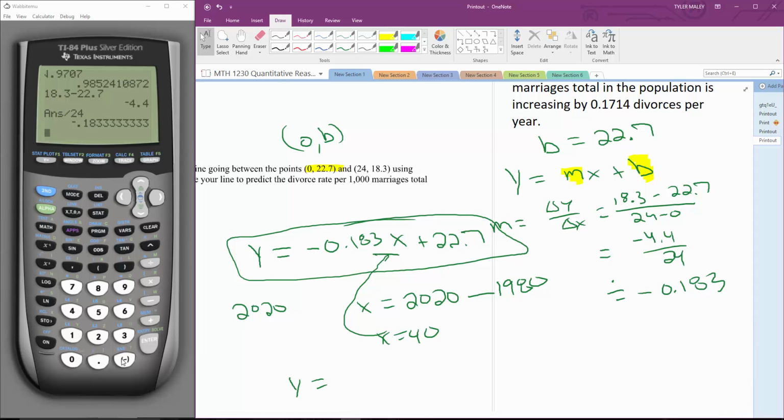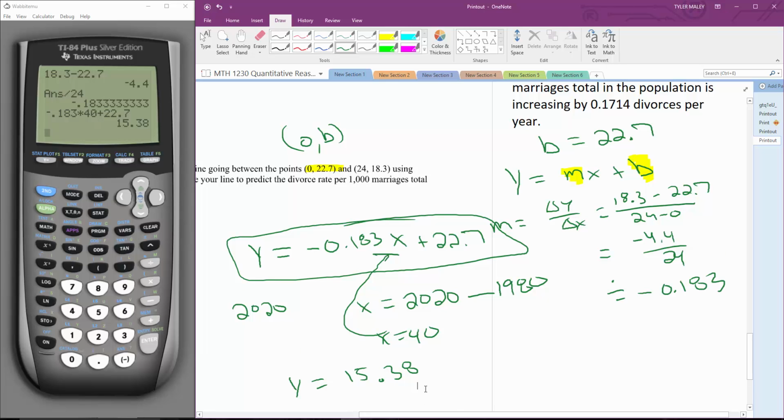So we would take negative 0.183 times 40 plus 22.7, right? Following my equation. Hit enter, we get 15.38.